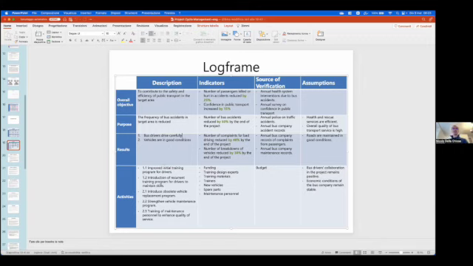In this case, well, this is a very simple log frame. It's done for a didactic purpose, so I just put a couple of activities here, but it's to give you an idea.